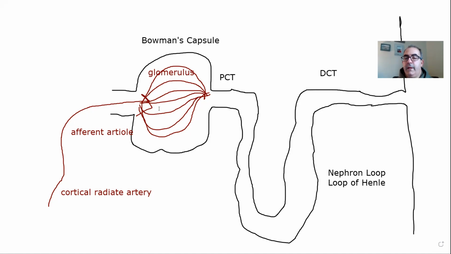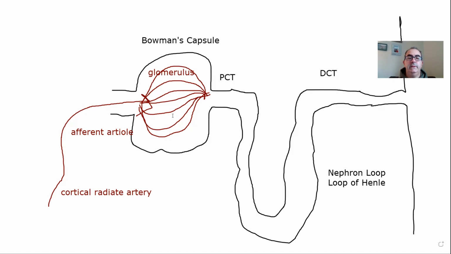Now, you should know from the cardiovascular system that capillaries have really thin walls. And so things can get out of the capillaries. While blood is in the glomerulus, liquid gets out.